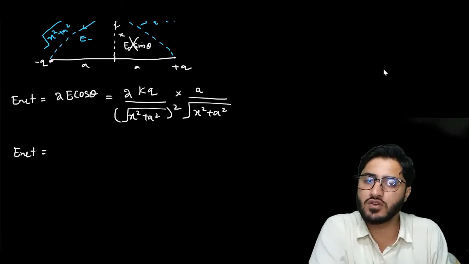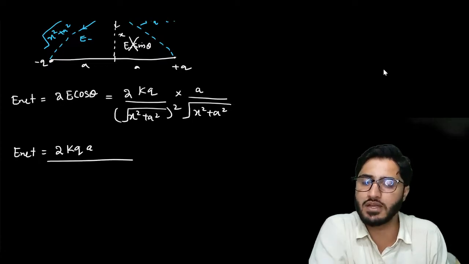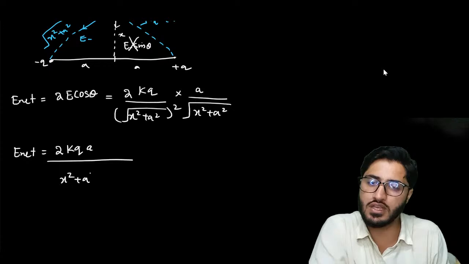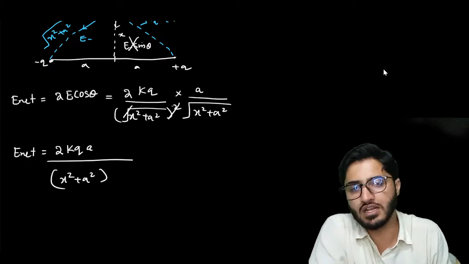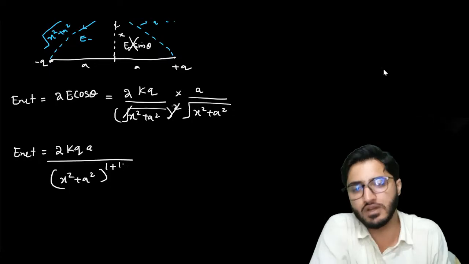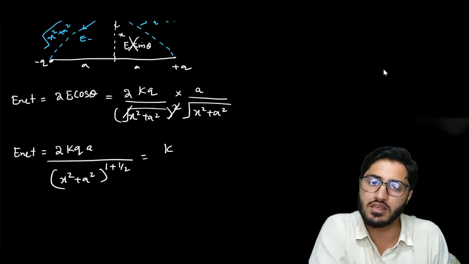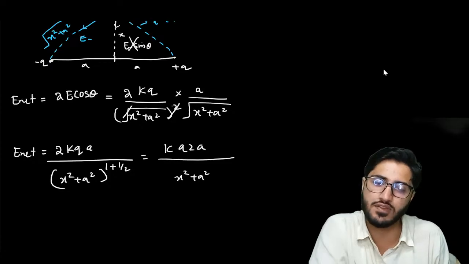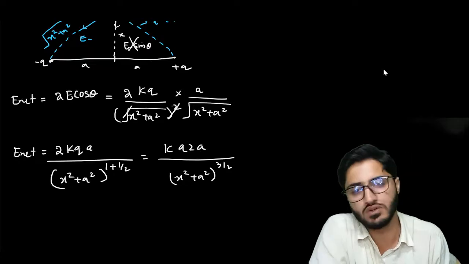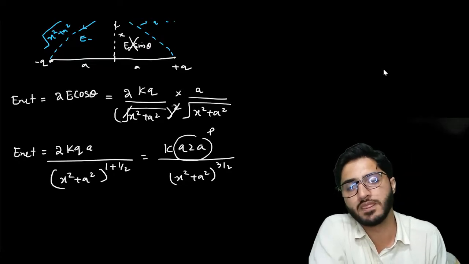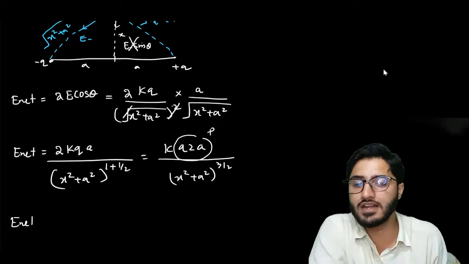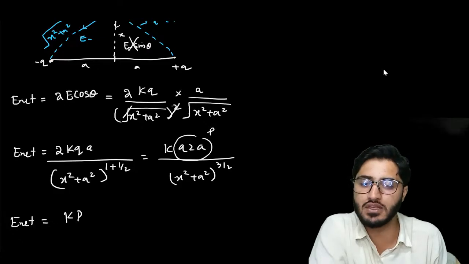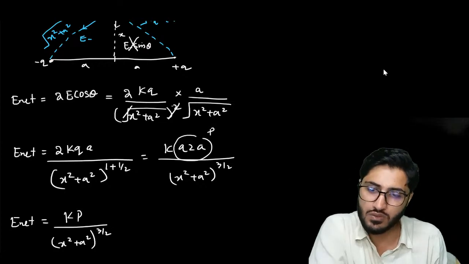So E net is equal to 2KQA divided by (X square plus A square) to the power 1 plus 1 by 2. That is KQ2A divided by (X square plus A square) to the power 3 by 2. This is P. So my electric field net at the equatorial point came out to be KP divided by (X square plus A square) to the power 3 by 2.